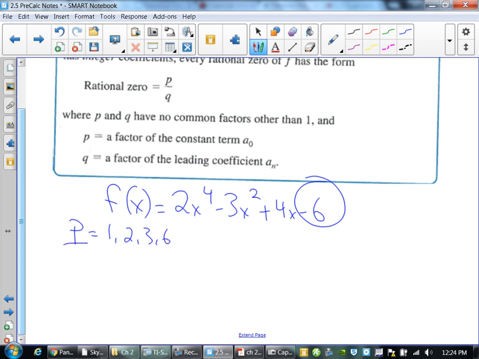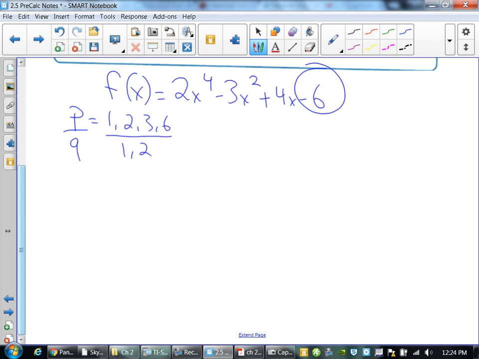And we divide it by all the possible factors of the leading term coefficient, 1 and 2. So all the possible zeros there would have been 1, 2, 3, and 6, 1/2, and 3/2.